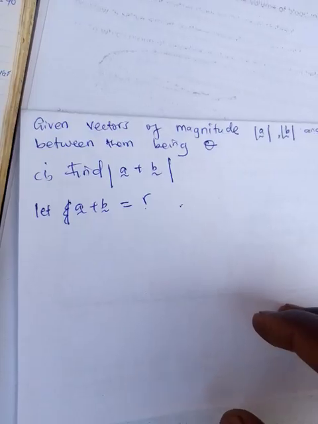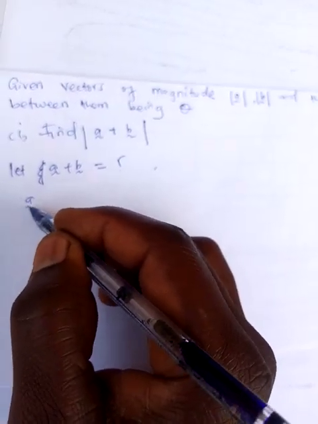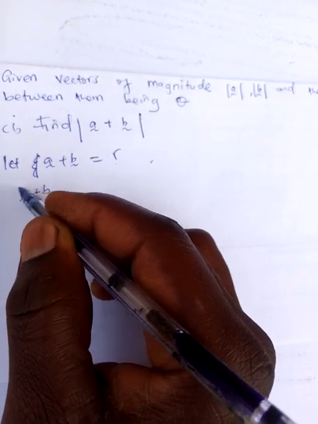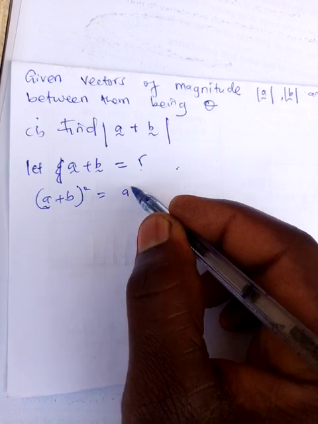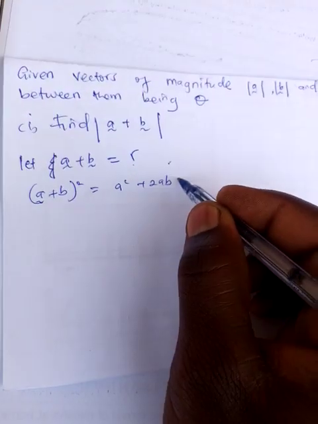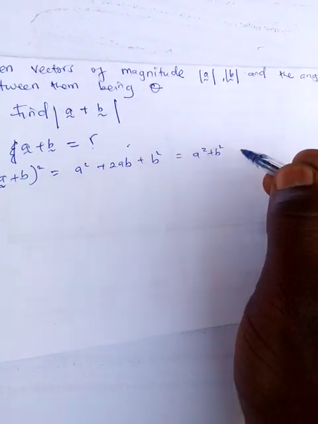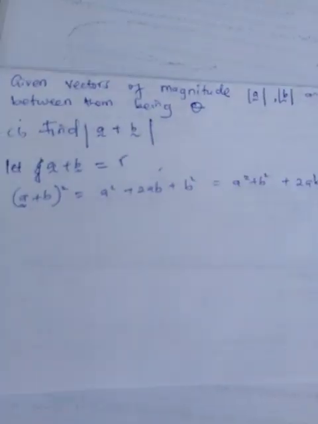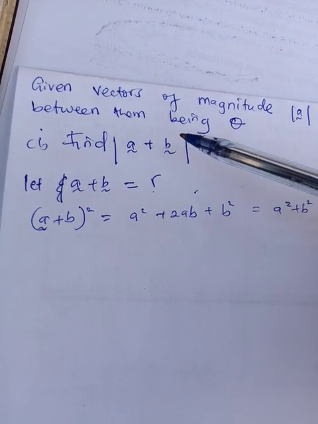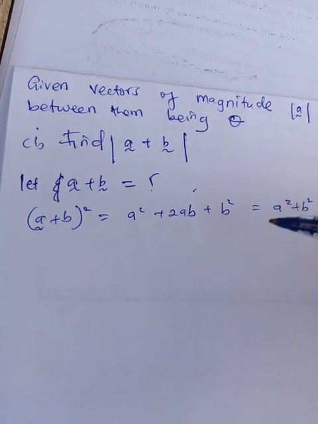So you remember we have this A plus B, from Pascal's triangle, squared will be given as A squared plus 2AB plus B squared, which is the same as A squared plus B squared plus 2AB. You know very well that magnitude means square root of everything squared.